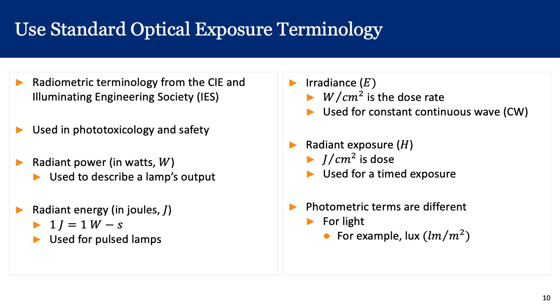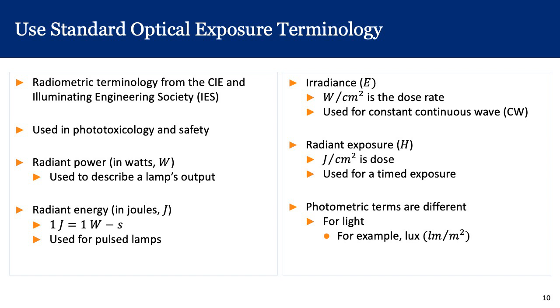Irradiance is an important dosimetric quantity because it's a surface dose rate, that is the watts per square meter or per square centimeter. For talking about sunlight, we normally would talk about irradiance in watts per square meter. But in medical applications, and certainly in terms of exposure to the eye, watts per square centimeter make more sense. And that's widely used in the biomedical community.